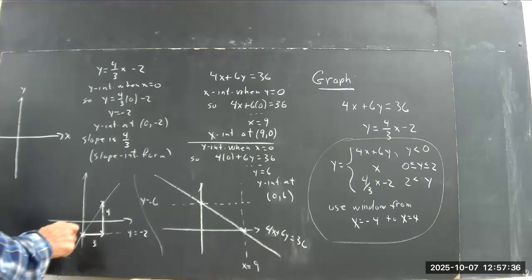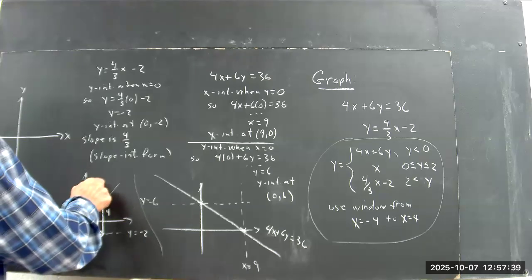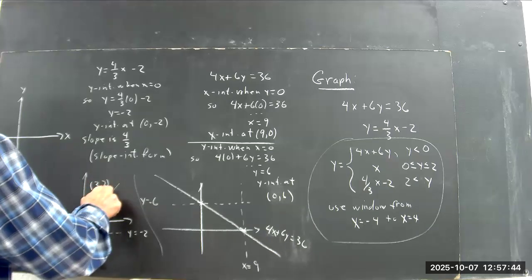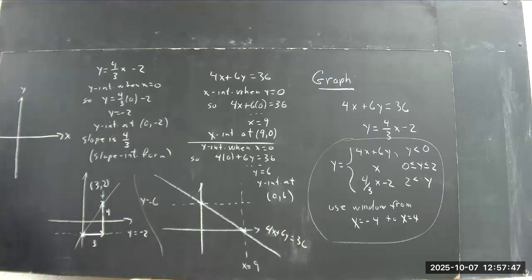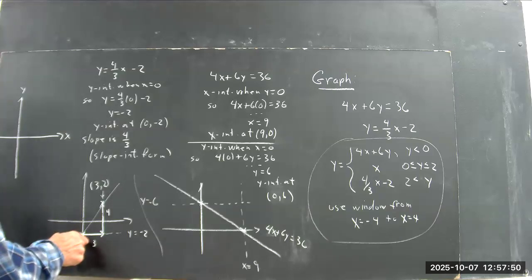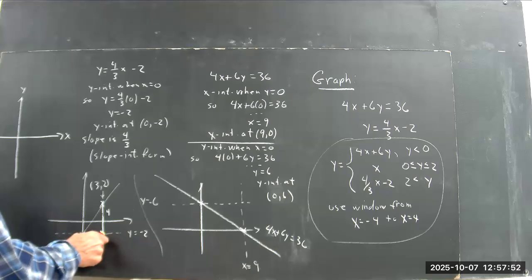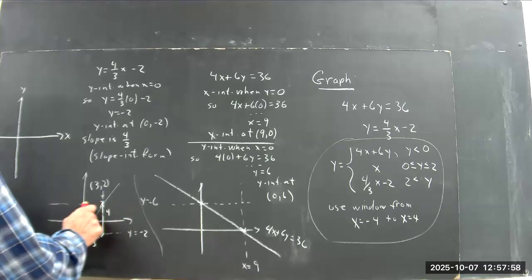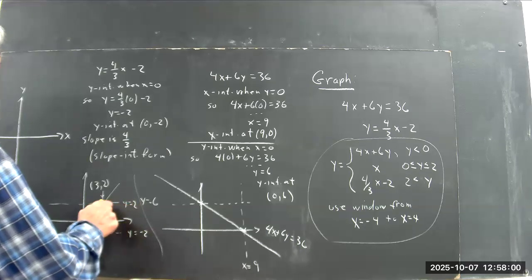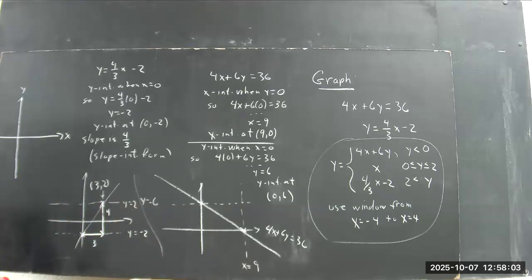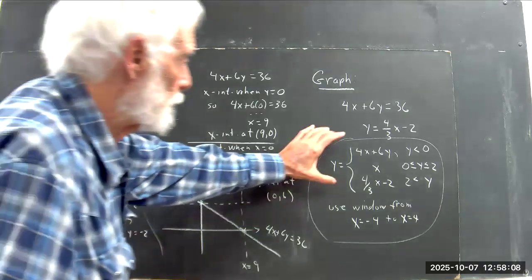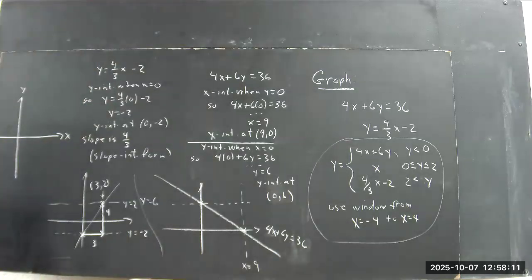This point here is the point 3, 2. If I start at 0, -2, and go 3 units, then my x value becomes 3. I'm at y equals -2, I go up 4 units. This has to be the line y equals 2. And I have the 2 points on this graph. Now I want to draw this function here. It's a piecewise defined function.